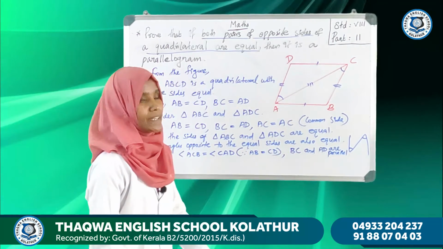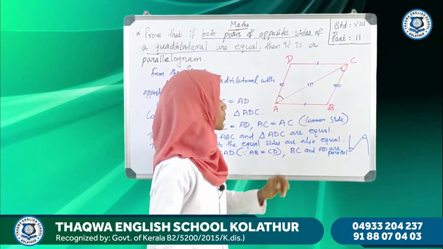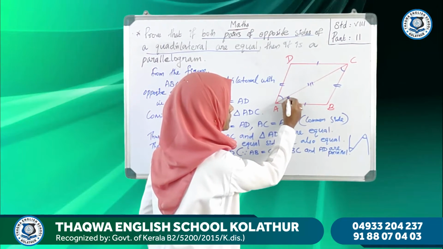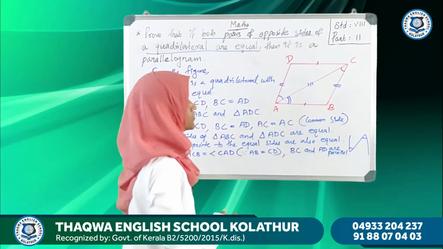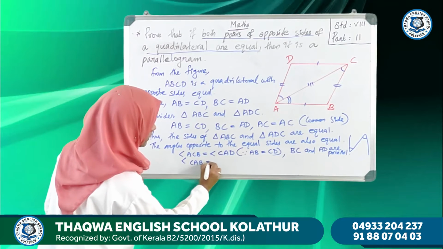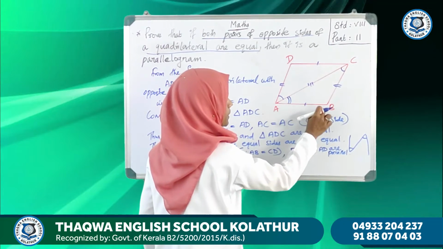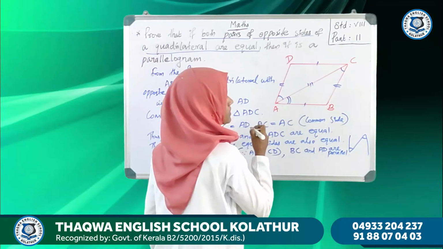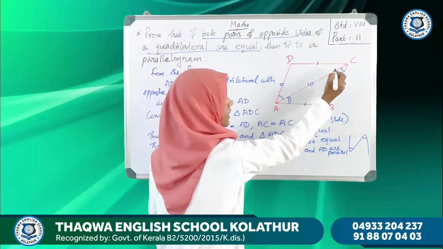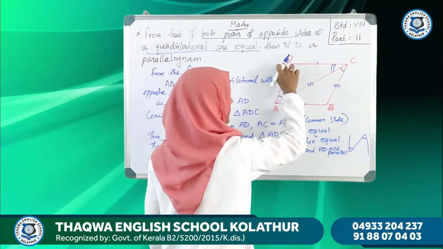Okay, the lines BC and AD are parallel. The next one, what is this angle? Angle CAB equals which one? The next pair, angle ACD.